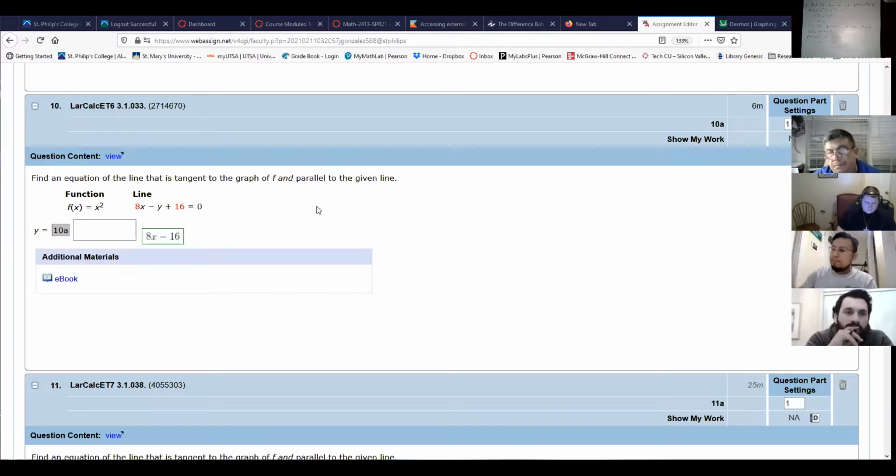So if you have two lines that are parallel, then that means by definition the slopes must be equal. So if you find the slope of this line, then you know the slope of the tangent line because it needs to be parallel. So solve for y and you'll know the slope, right? Move this y over and you'll have your equation. Then all you have to do is find the intercept. So let's try to work through that.